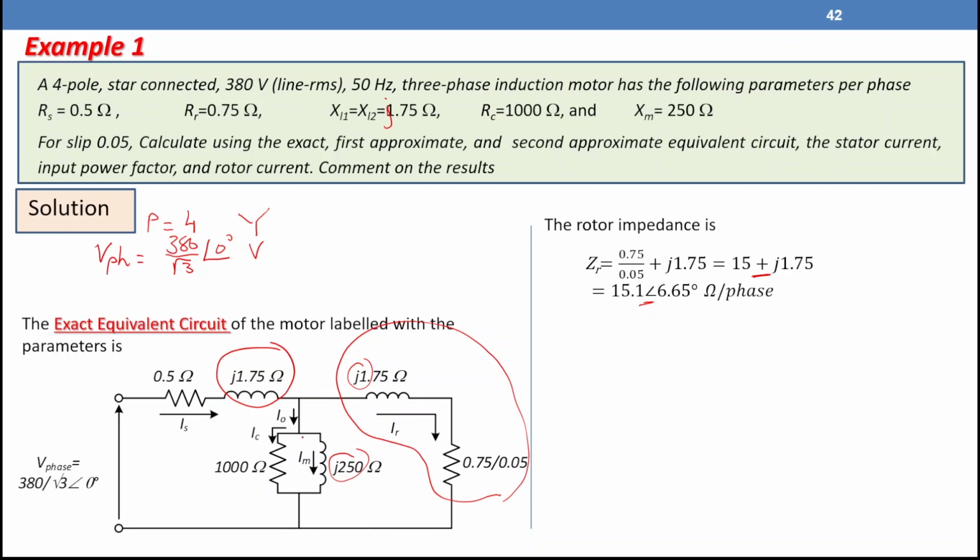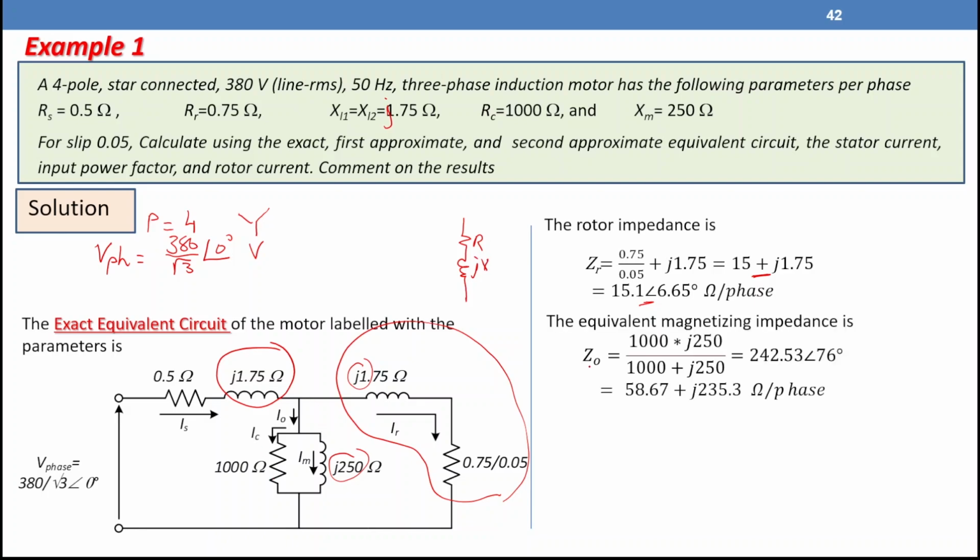We notice here that in the magnetizing branch, the resistance of the core is in parallel with the magnetizing reactance. So we need to end up with one impedance like R and JX. We take the parallel equivalent for these two impedances. We call it Z node, where 1000 multiplied by J250 over 1000 plus J250, that is Z1 Z2 over Z1 plus Z2, which gives you this impedance in polar form and rectangular form if we need it.